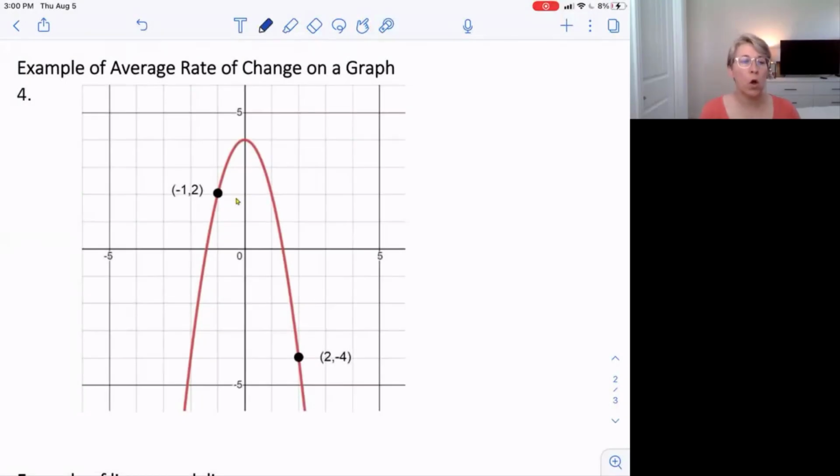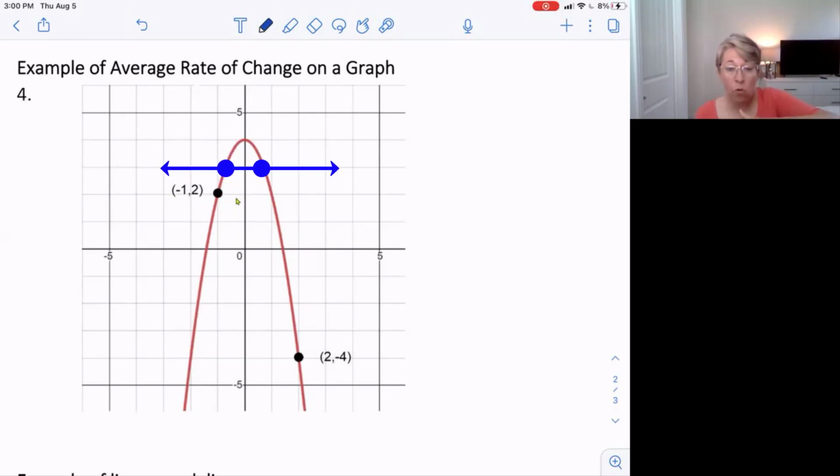So if we're focusing on finding the average rate of change of this graph that is not linear, but a parabola, as you look at this graph, if I pick different points, the rate of change between those points, in other words, the slope between those 2 points, could change. It could be positive if I pick 2 points on the left.